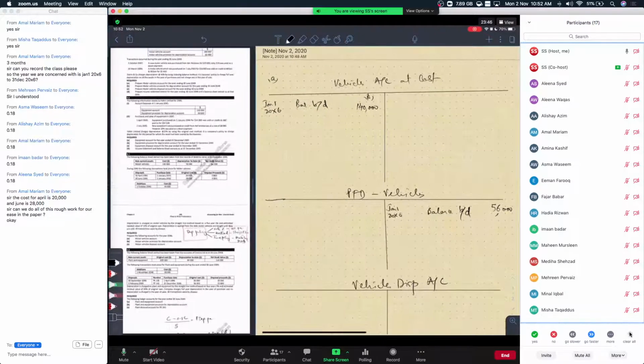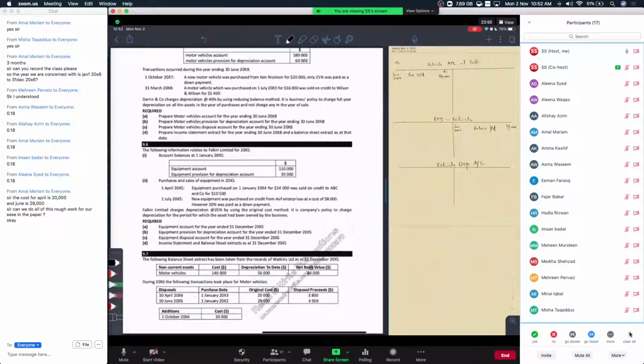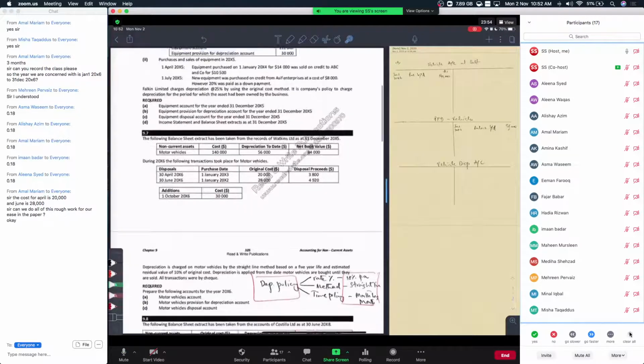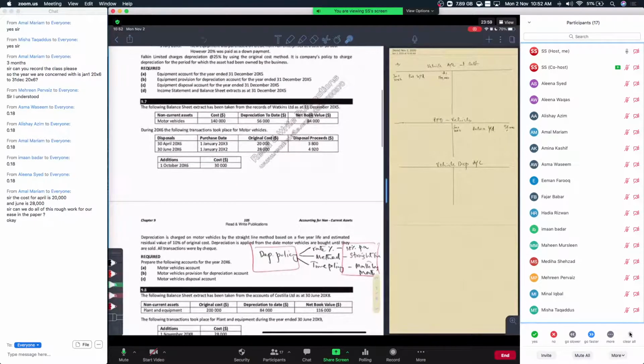Let me just bring it here. Iman, the balance brought down is the amount which is given here. You can see it says on 31st December 20x5, you had vehicles costing $140,000 and the total depreciation to date is $56,000.